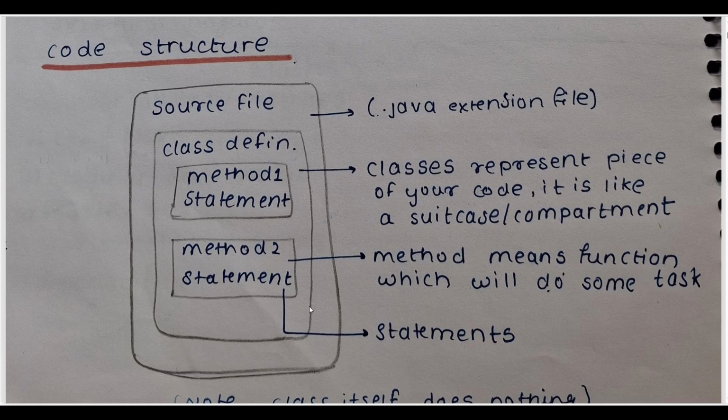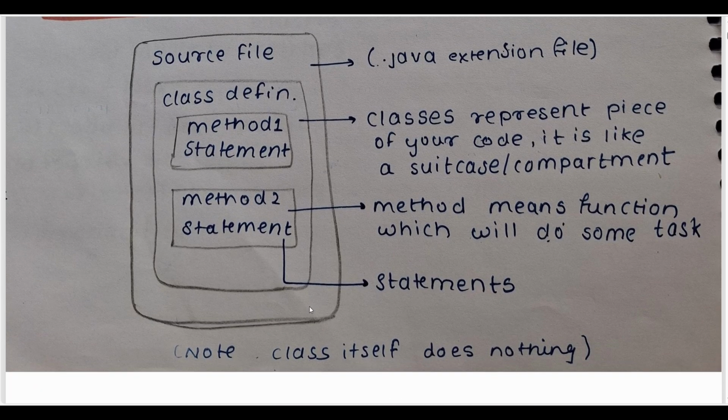Statements are written inside a method. Statements are the actual instructions that get executed line by line. Like, method is just a word or task's name, but the statements are the real instructions which tell the compiler how the task is actually performed.